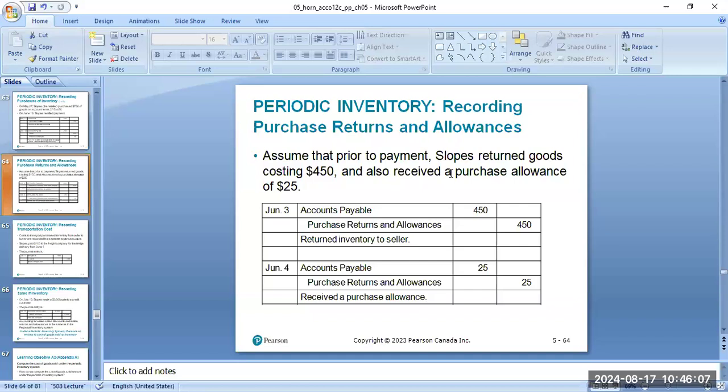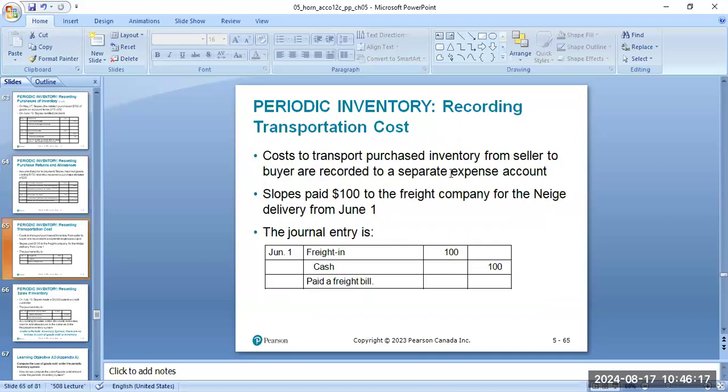That's for the return; second is for the allowance. When we have the allowance, again, we put it in the purchase return and allowance account. The last new account that we open, which is again not inventory, is the freight-in account. So we open purchases, purchase discount, purchase return and allowance, and freight-in.